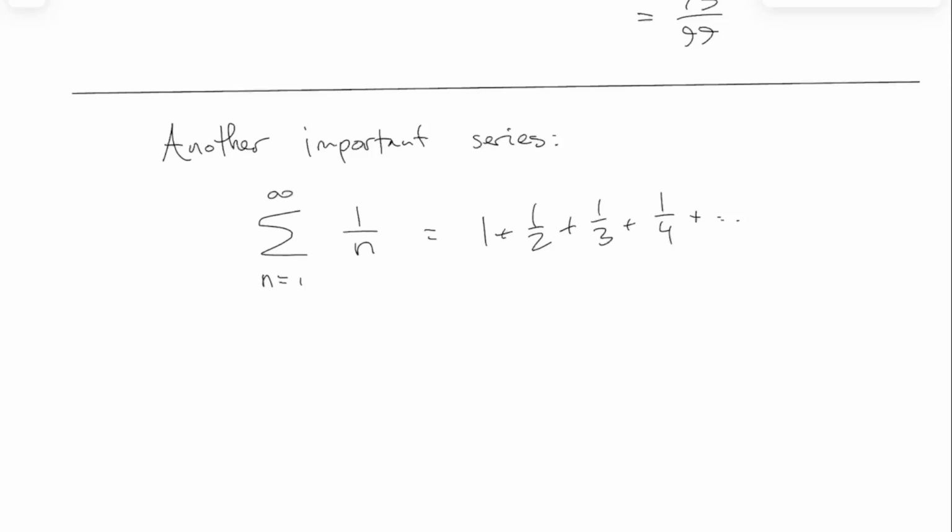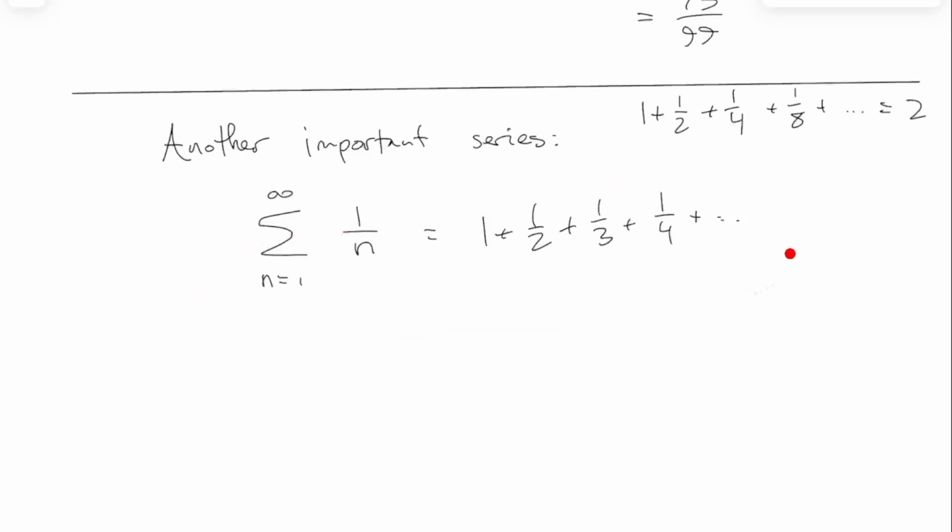Anyone happen to know what this adds up to? That's up to 2? This is not quite the one which adds up to 2. Last time we talked about something which adds up to 2, and that was this, only using powers of 2 on the bottom. This adds up to 2. This one, he says, diverges, and he is correct.